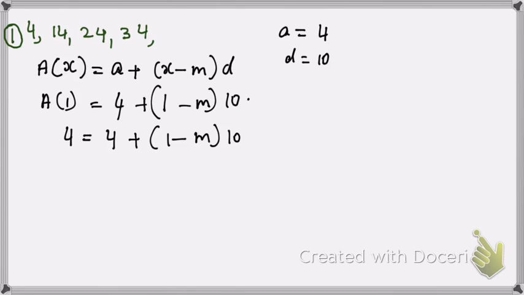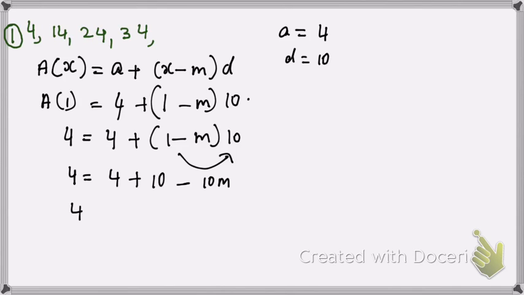So let's do this. So 4 equals 4 plus, here 1 times 10 is 10. Let me write it properly. 1 times 10 is 10 minus 10m.